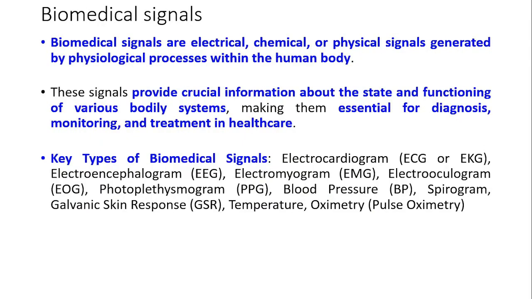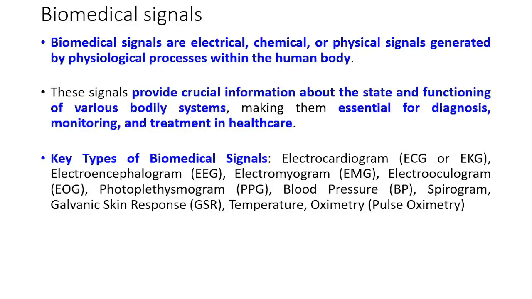Now coming to the biomedical signals. We talked about biological signals, and when you come towards biomedical signals, we are basically coming towards human physiology or mammalian physiology, if you want to make it a broad topic.